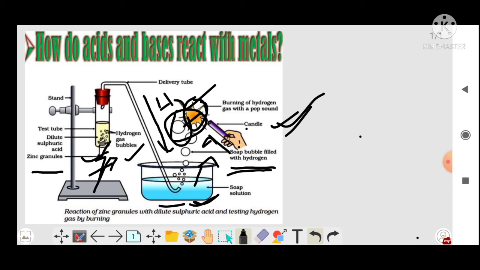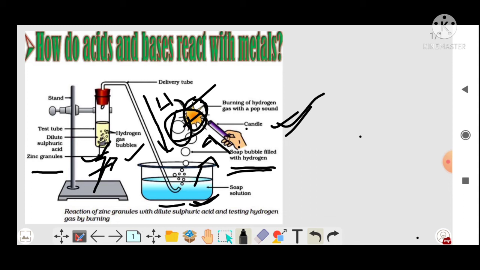So sodium hydroxide is a base and sulfuric acid is an acid. So acids and bases react with metals. In this laboratory test we show that acids and bases react with metals and produce hydrogen gas.